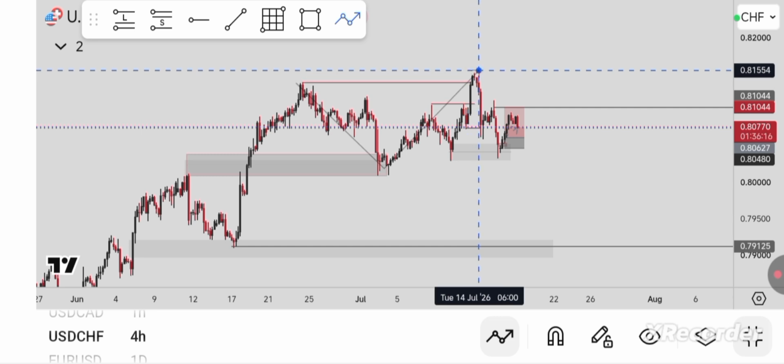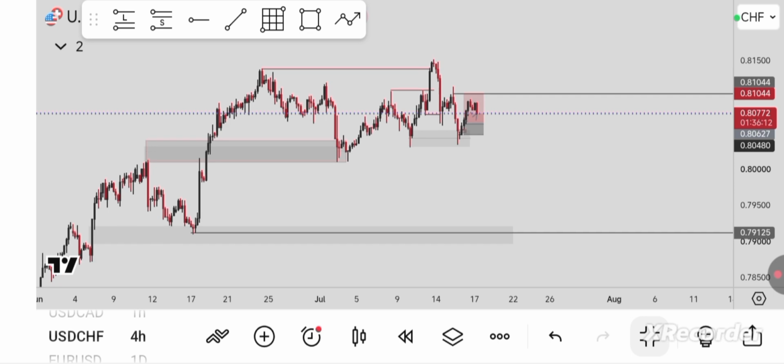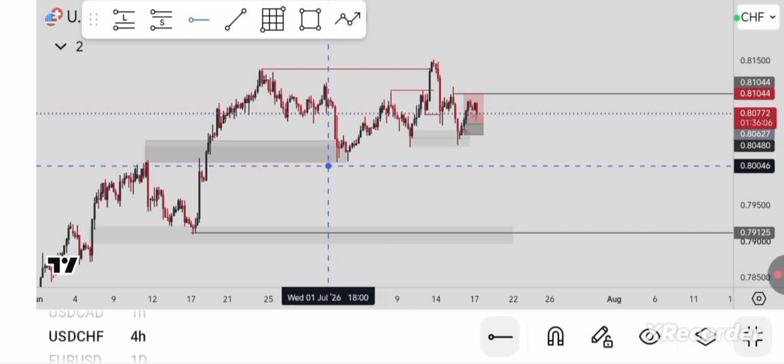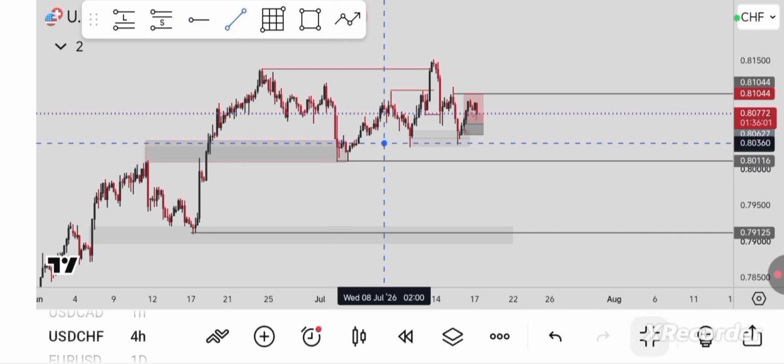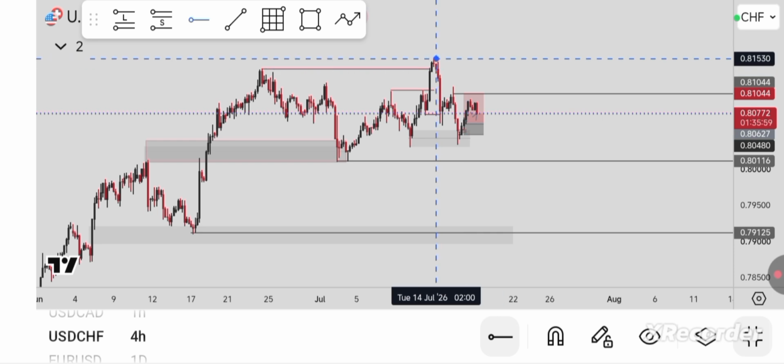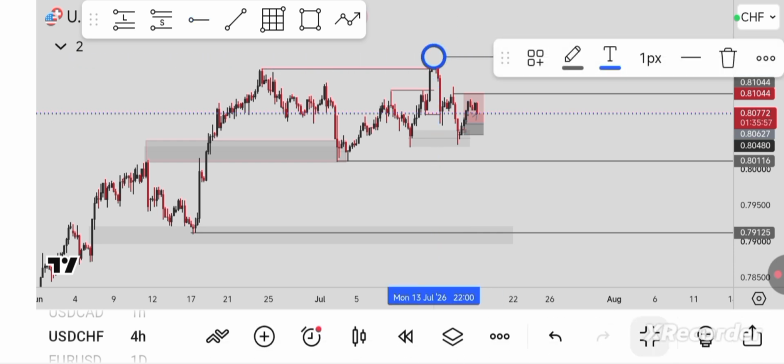Now, when the market broke structure, we are now looking for our recent structure. This now becomes our recent structure. From here, this is our low, and this is our high. Look at it.